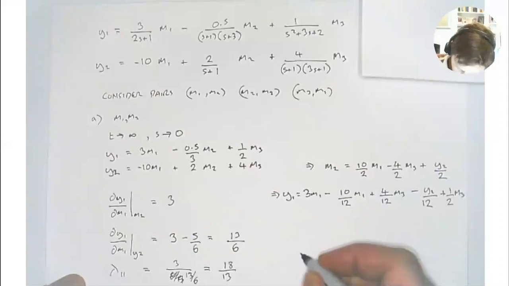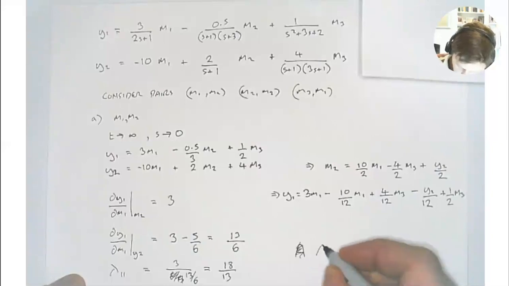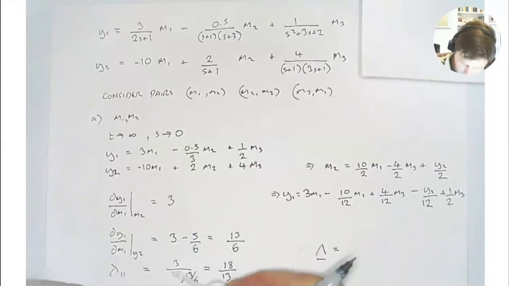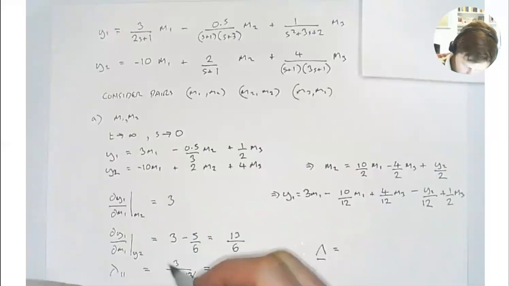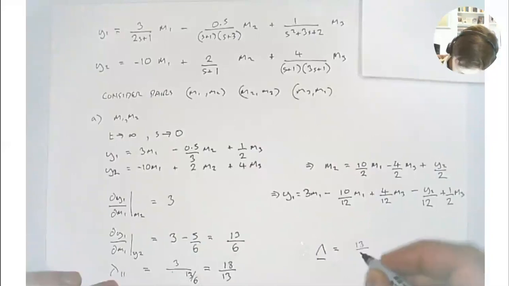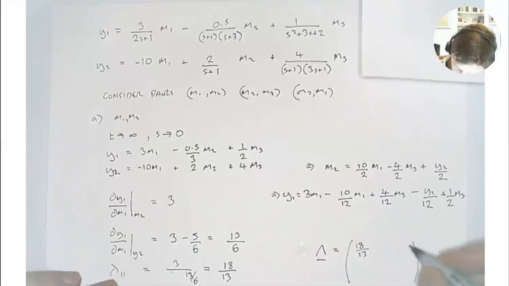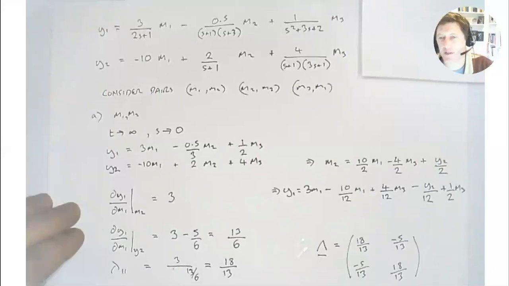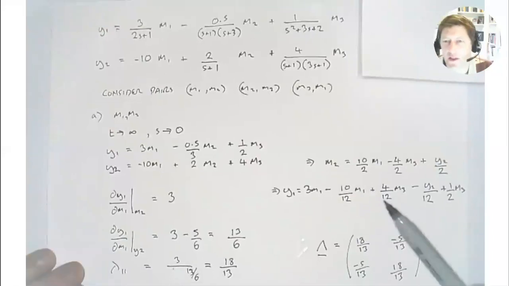And so then our relative gain array will be equal to 18 divided by 13 for the first element. And because we know that the sums must be equal to 1, that would be minus 5 over 13 and minus 5 over 13, and then 18 over 13 again, like so. So that gives us the relative gain array for the first case where we're looking at m1 and m2.